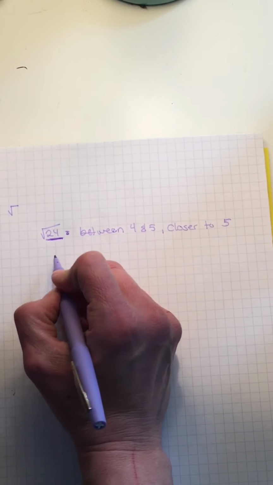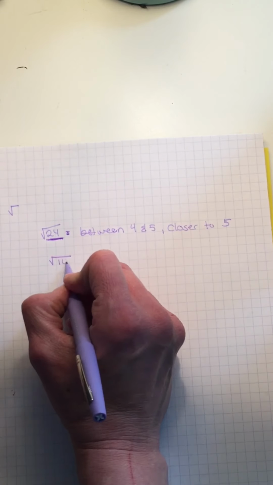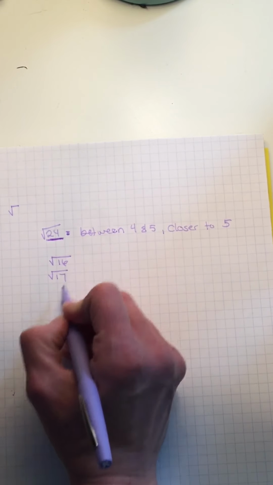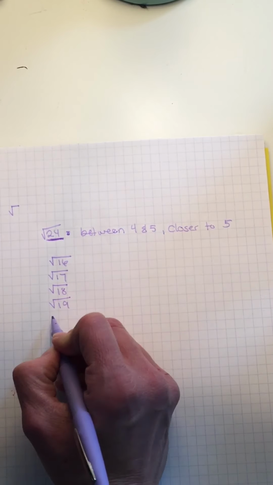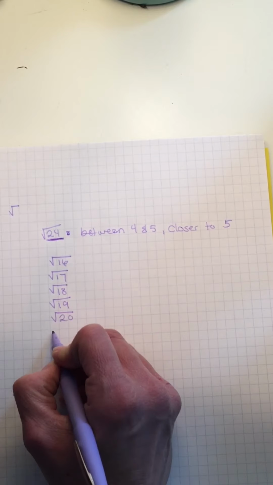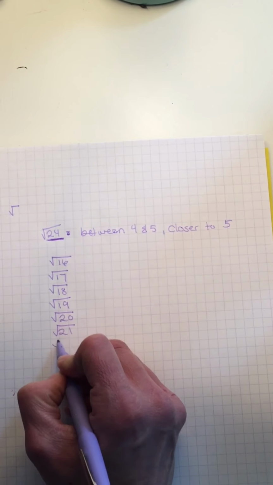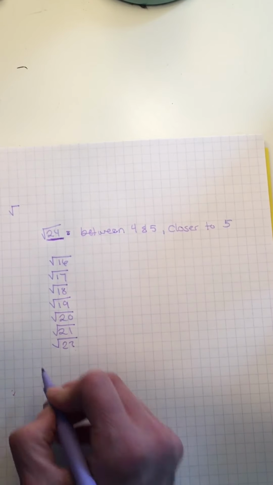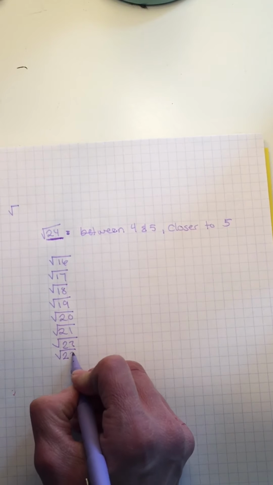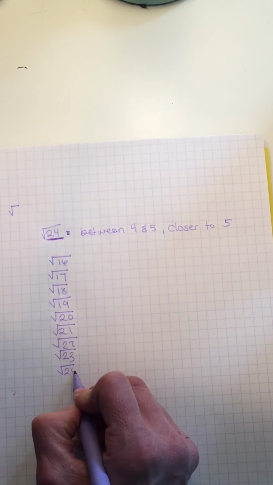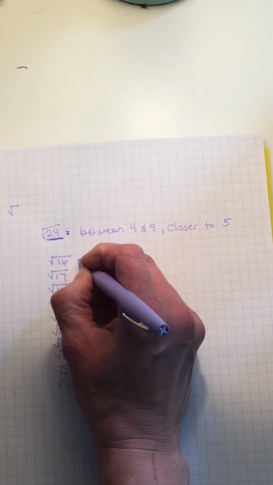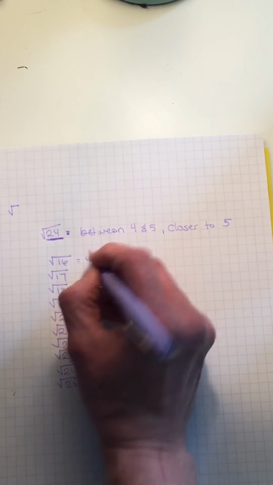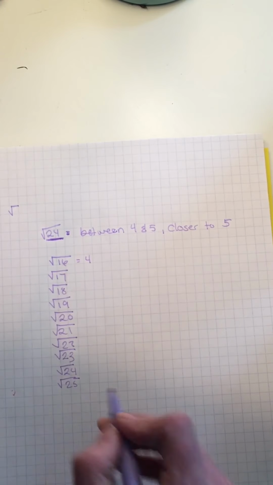So let's do a little experiment here. Let's do the square root of 16, the square root of 17, 18, 19, 20, 21, 22, 23, 24, and the square root of 25. Well, I already know that the square root of 16 is 4 because that's a perfect square, 4 times 4 is 16.